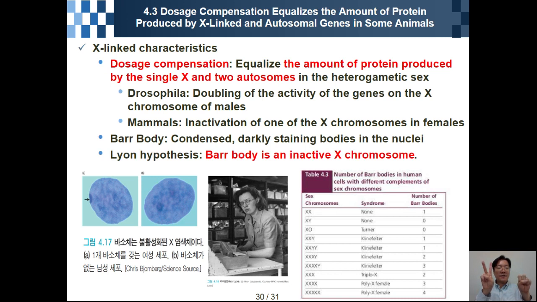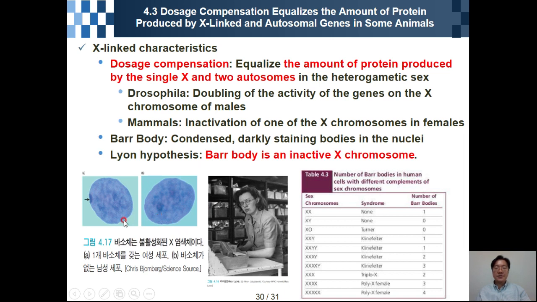So mammalian females have two X, but they randomly inactivate one X chromosome. This is the mammalian cell.